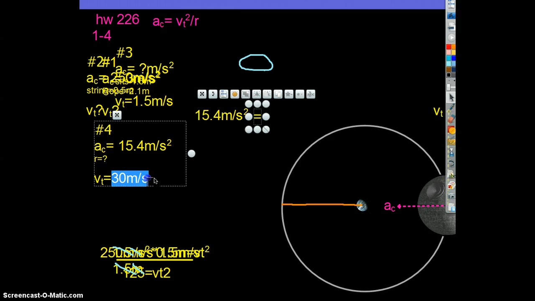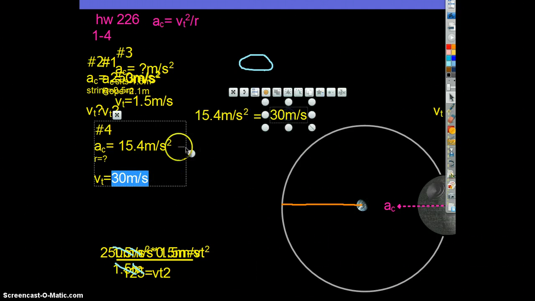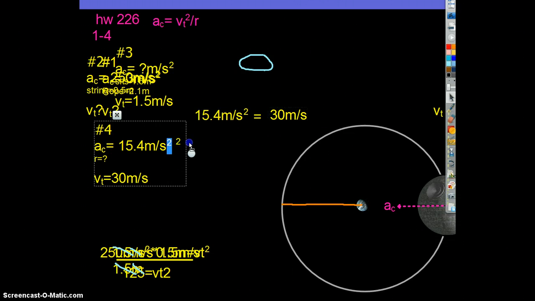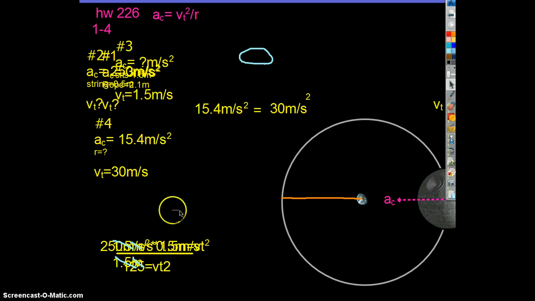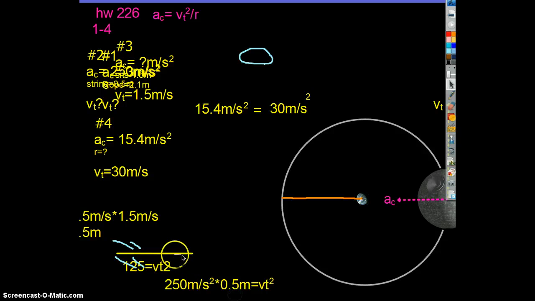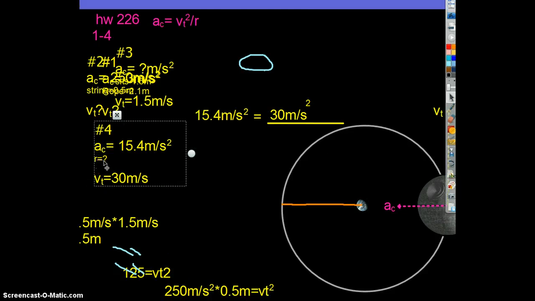the tangential speed squared over the radius.